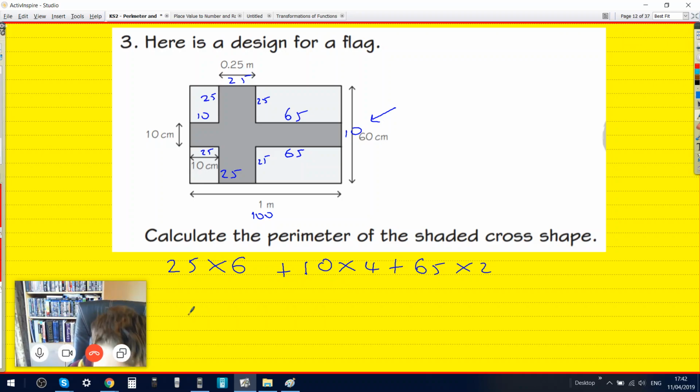Okay, I added them all up and I got an answer of 320 centimeters.